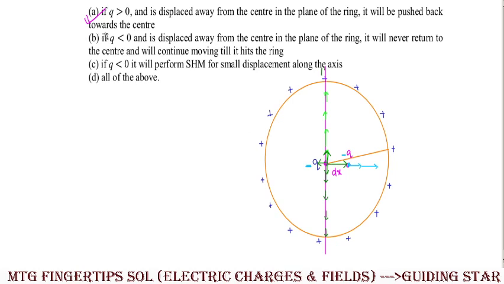So option B here it is saying that it will never return to the center, it will continue move till hit the ring.